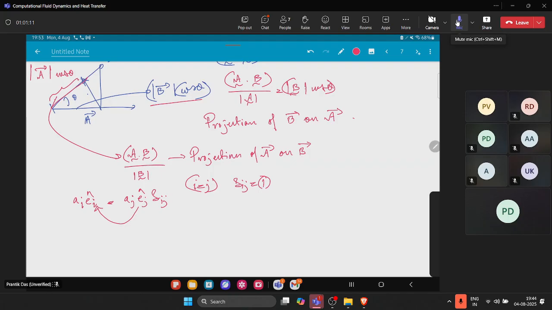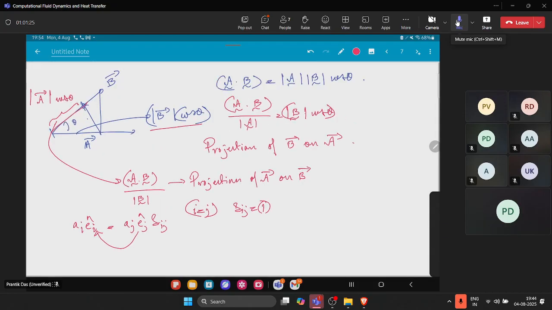Okay, so you can also change the indices, and then you can also multiply with a Kronecker delta. These are typically handy when you are going to prove different kinds of vector identities. So the index shifting operation becomes useful there. I will give you an example regarding this in this course itself.